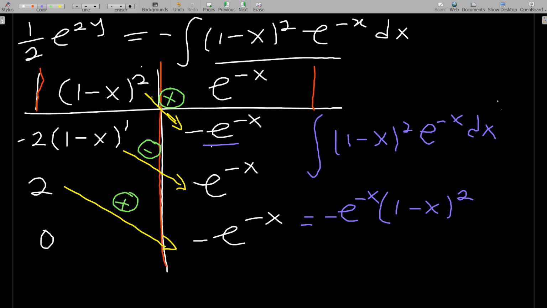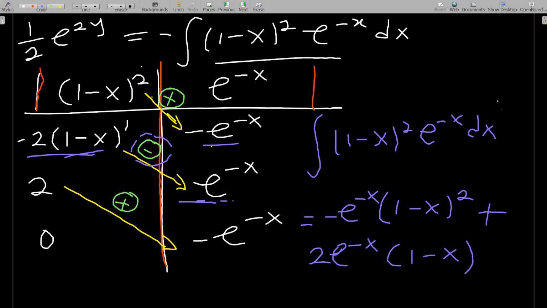Then you add it to the product of these two. But after that, we said you multiply by a negative. When you multiply e to the negative x by the minus of this, you get negative. When you multiply this minus to it, you get positive. So this one plus 2 e to the negative x (1 minus x).